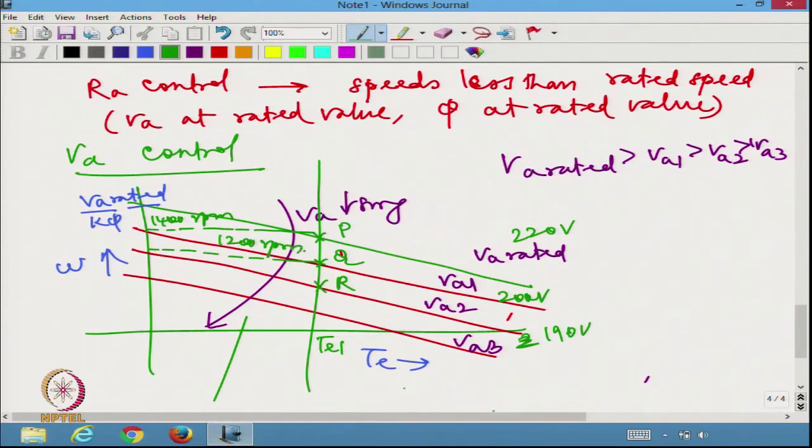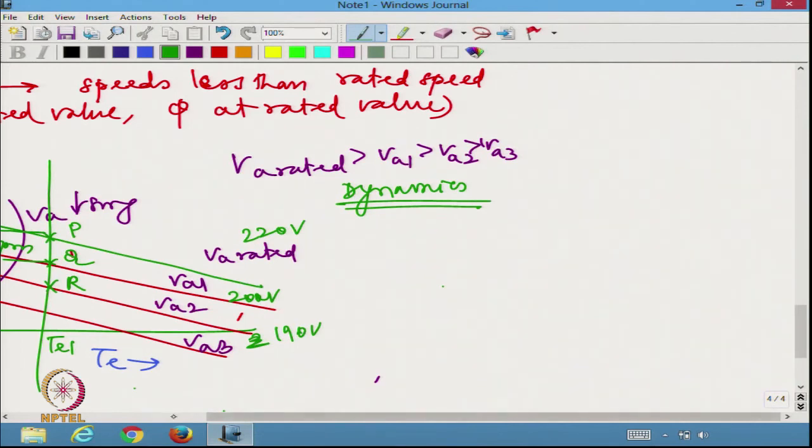So, I am going to have less and less speed. So, what happens dynamically when I reduce the voltage? When I am operating at 220 volts, let us say the speed was, we said, 1400 RPM, right.